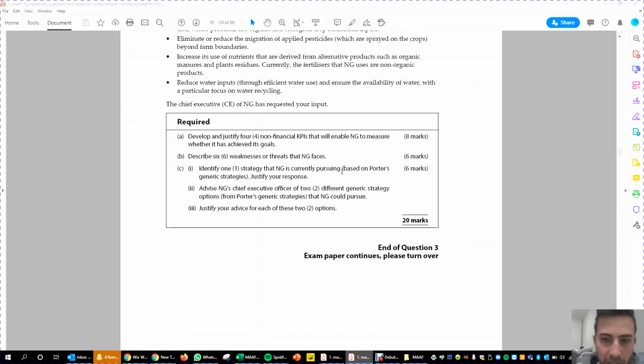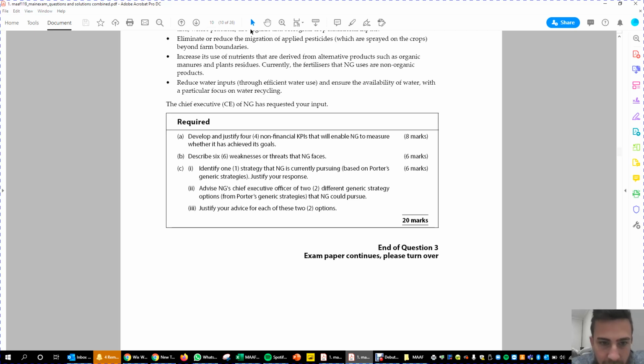You're going to get 2 marks for that: 1 for identifying the strategy, broad low cost, and 1 for justifying it. We linked it to the question and said they're trying to target a large market, consumers through supermarkets and anyone else who wants to buy it, and they're trying to achieve the lowest cost price. They're not trying to differentiate in any other way, such as through the product.